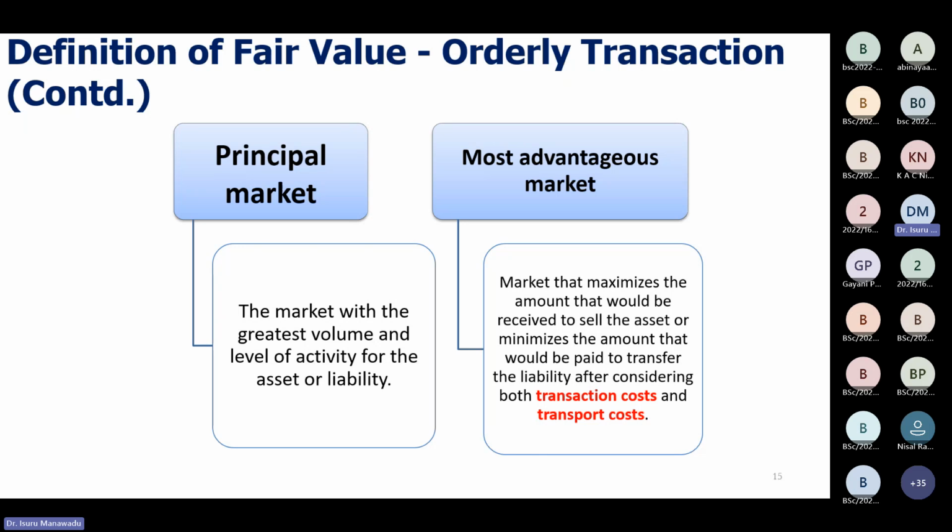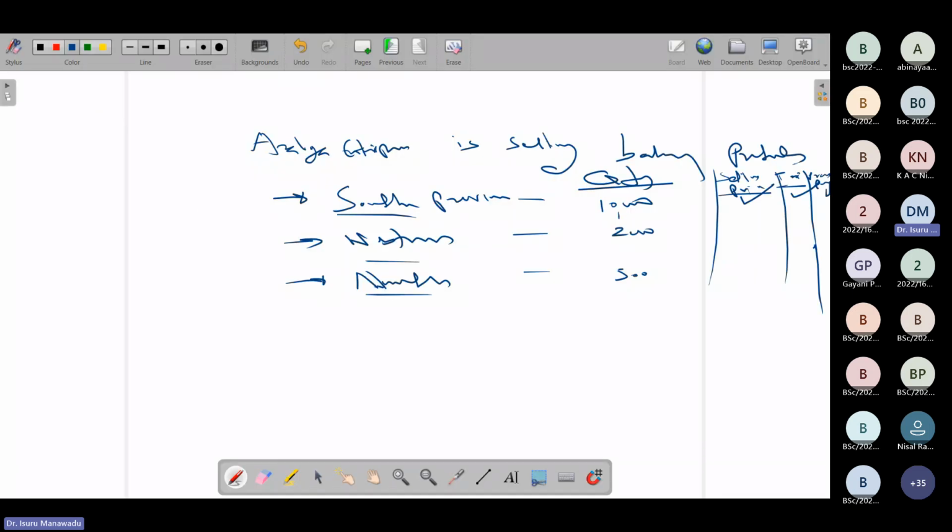The market that maximizes the amount that would be received to sell the asset or minimizes the amount that would be paid to transfer the liability after considering both transaction cost and the transport cost. හරි දැන් මෙතන අපි හිතමු, in the absence of principal market, volume data is not given කියලා. Now you cannot identify the principal market නේ. Then you need to identify the most advantageous market. හරි. එතන selling price එක මේකේ 100යි.